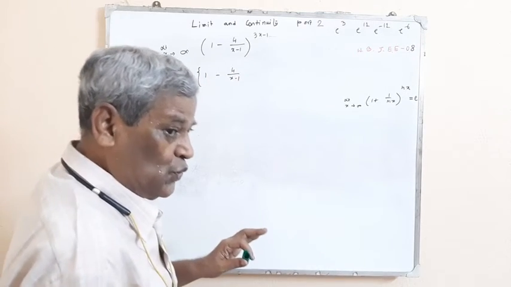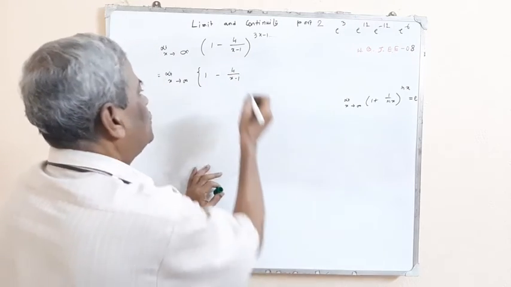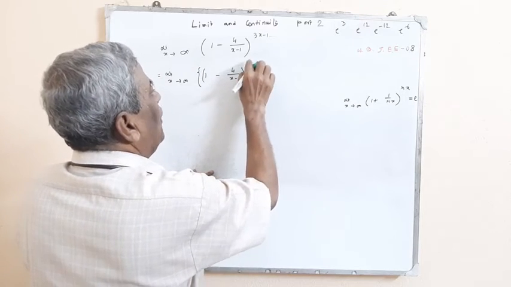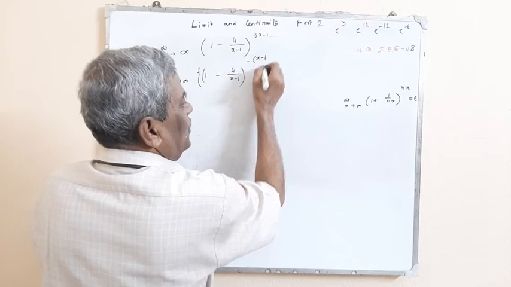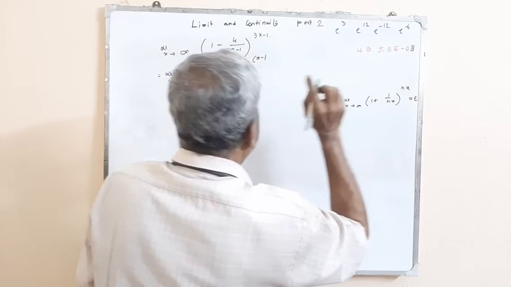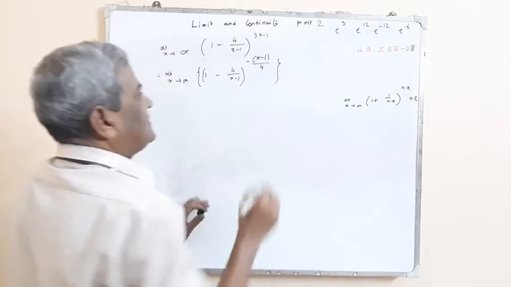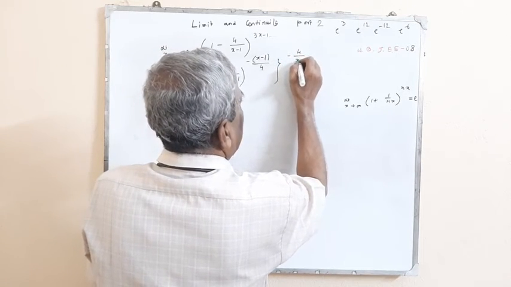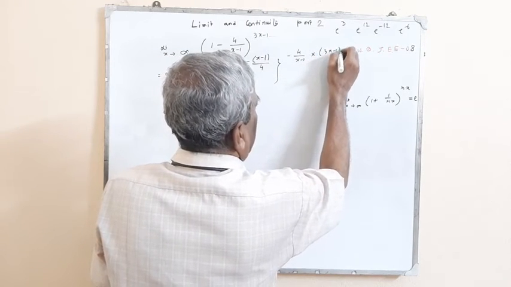As x tends to infinity, x minus 1 also tends to infinity. So in the power, I write minus x minus 1 by 4, the reciprocal of that, with the negative sign. Now I adjust. It is minus 4 by x minus 1 into 3x minus 1.